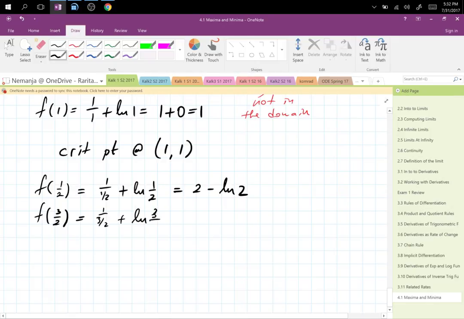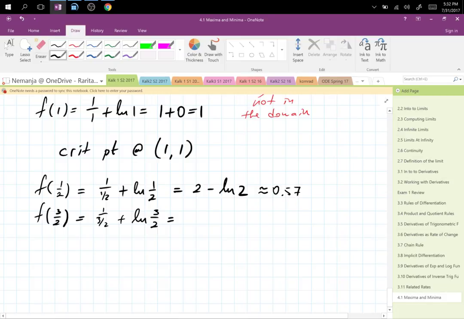And we have 3/2, so 1 over 3/2 plus ln of 3/2. Well, I guess we can use the calculator to figure everything out. So what are the values? 2 minus ln 2 is approximately what? 0.57 for the whole thing.